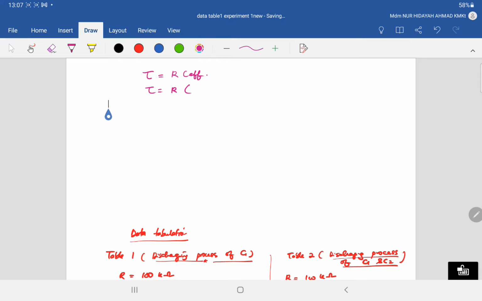C effective, because the capacitors are connected in parallel, so C effective equals C1 plus C2.